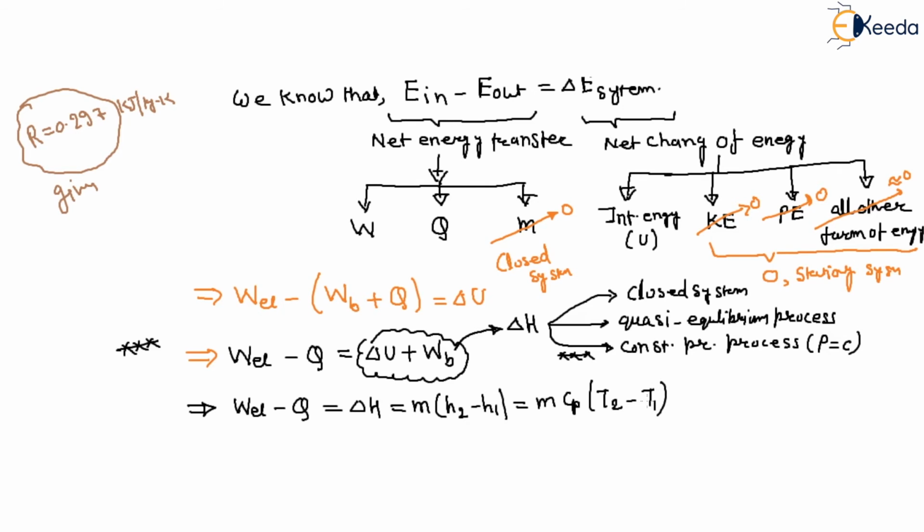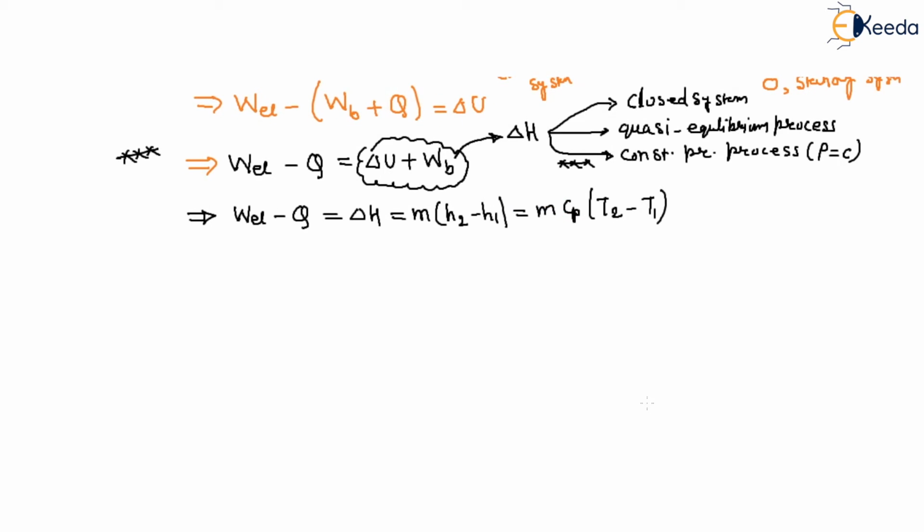So for that, what is the electrical work? This is your input, which is 72. What is the heat? 2.8 kilojoule. Mind it, this is in kilojoule, so this is also in kilojoule.